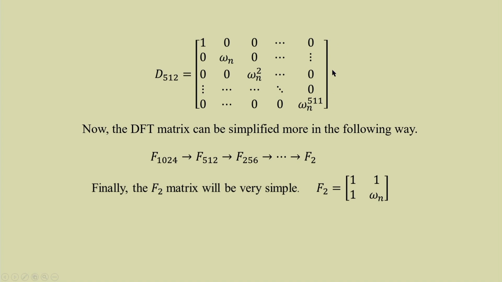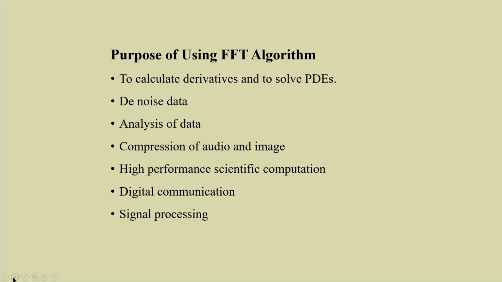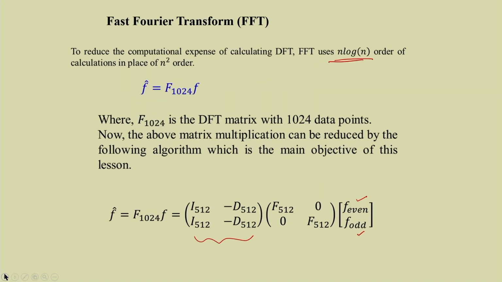So, the DFT matrix 512 is further divided by 2, so it will be 256, then it can be further divided by 2, and that way we can go on reducing 1024 to 512 to 256, and finally we can reduce to 2, where finally this is 1, 1 and omega n. In that form we can write it, and we can calculate the FFT of the system.